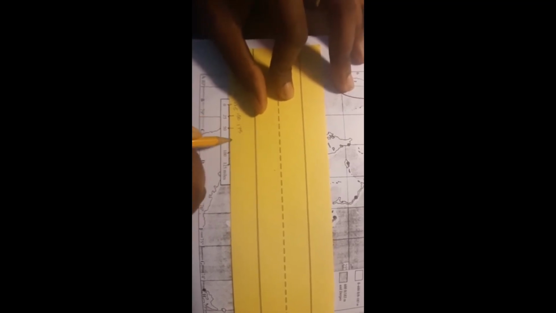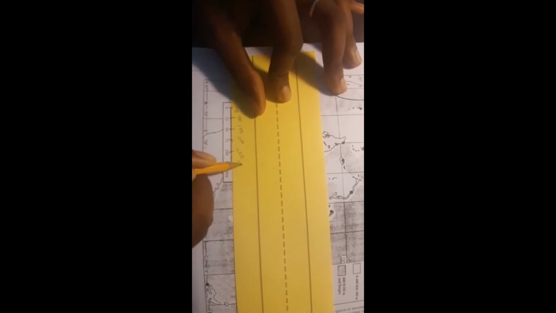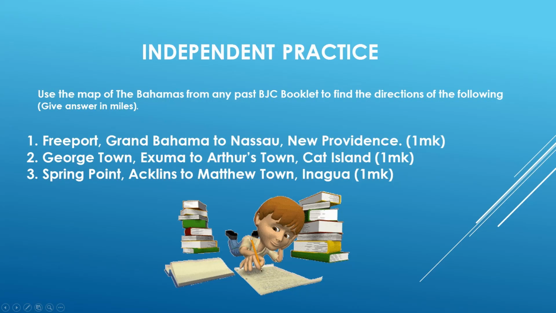Add 25 at each point. Remember, we are counting in 25s. Continue along until you get to the end, making sure that everything is lined up with the points. Now let's measure. Line up the 0 with Nassau and continue along. Now we can say that the distance between Nassau and Coburn Town is 200 miles.